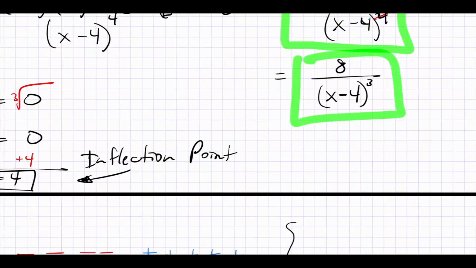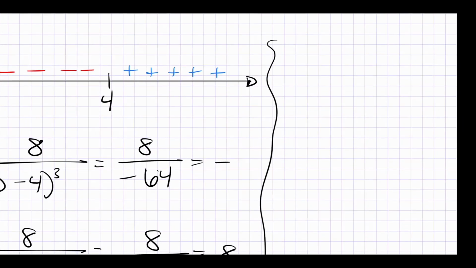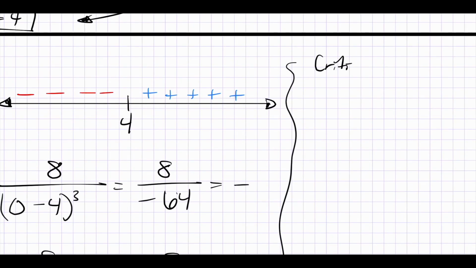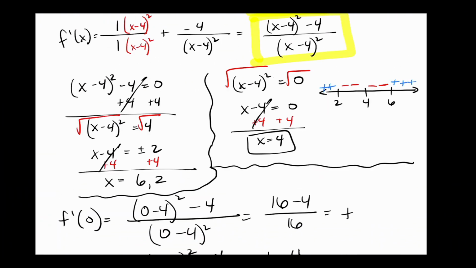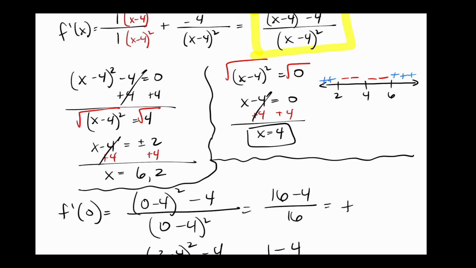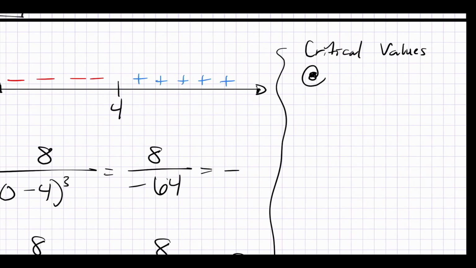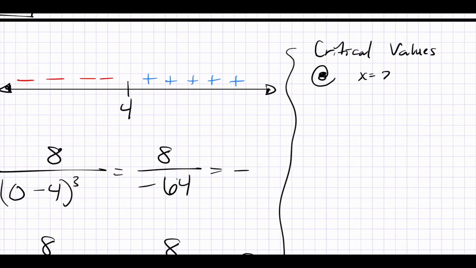Critical values. Okay. Critical values at x equals 2, 4, and 6.